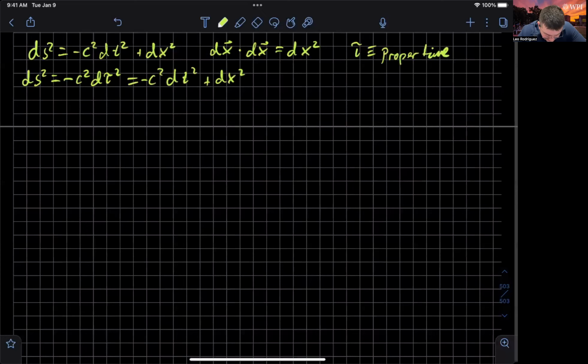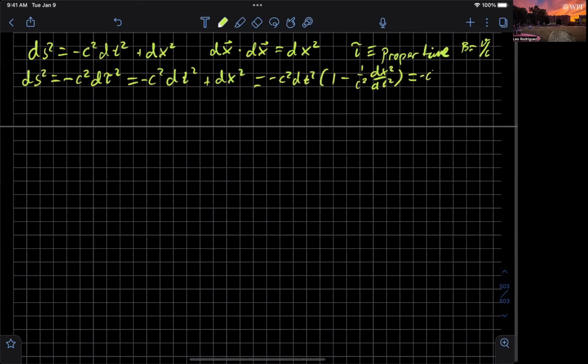If I rearrange this equation a bit, on the right side, I can factor out a minus c squared dt squared, which would give me 1 minus 1 over c squared dx squared over dt squared. And so we see that as our beta squared factor, where keep in mind we're always keeping track of ratios of velocity versus c in terms of beta.